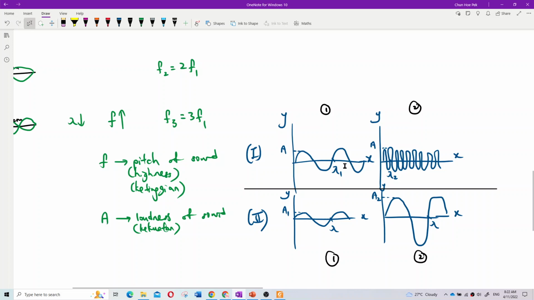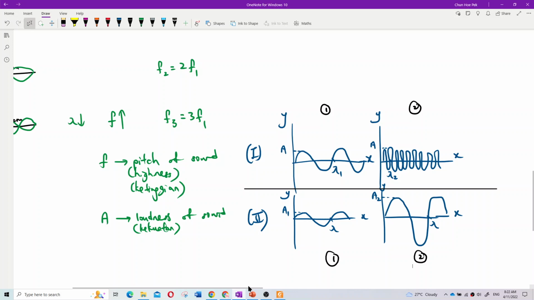Lambda, good. Lambda will influence what value? The pitch of the sound. Yeah, lambda means it will change the frequency.